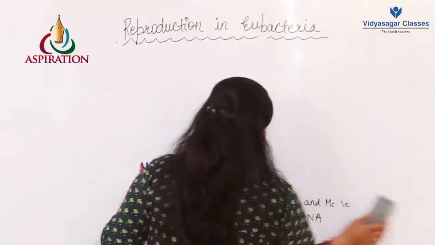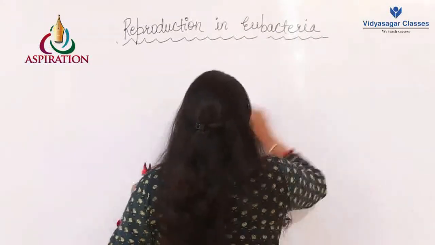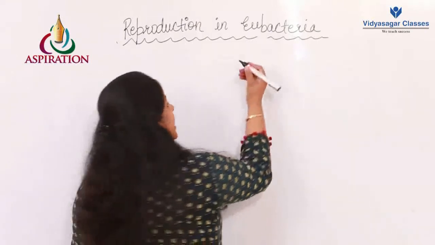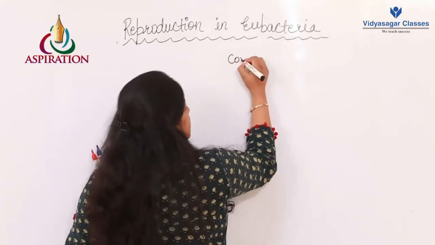Now come to the next special method of genetic recombination, and that is conjugation.